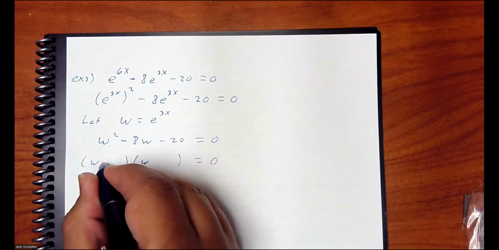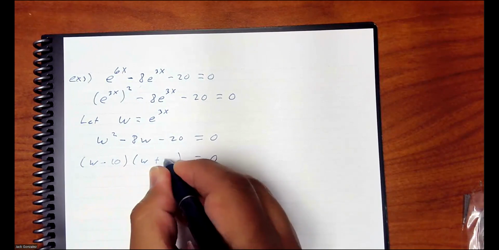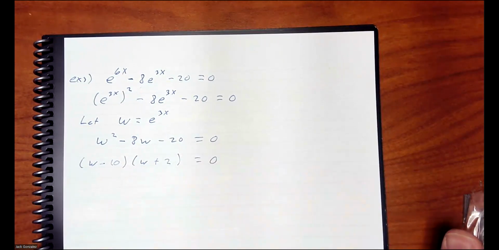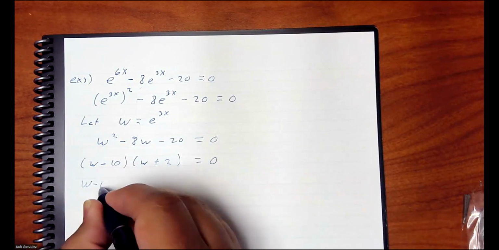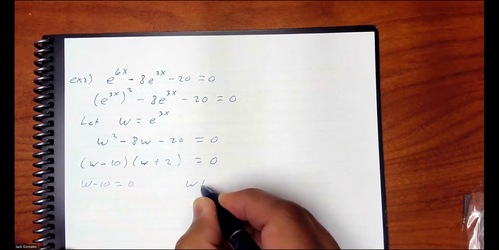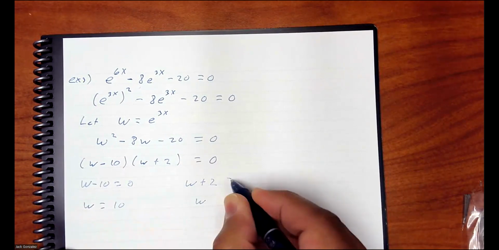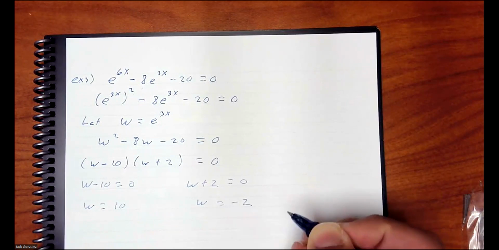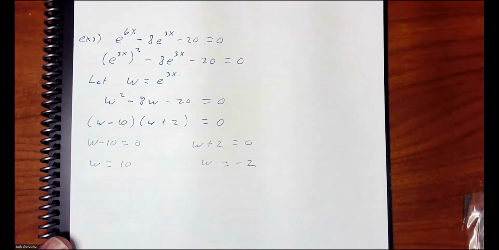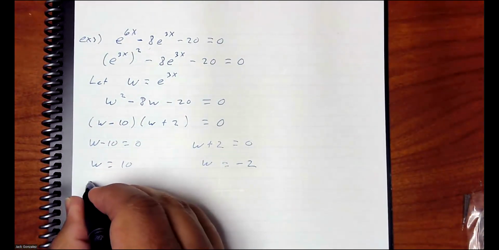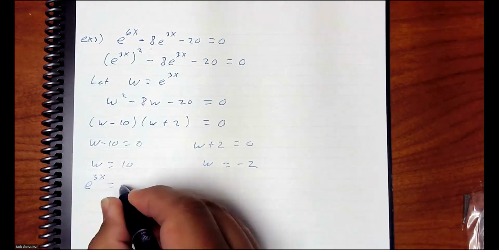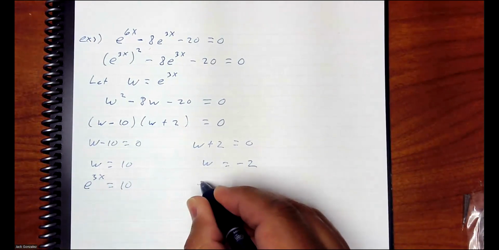Yeah, that's right. -10 and 2, multiplying gives you -20, adding gives you -8. So we're good. The next step for a quadratic says set them to 0, solve for W, but W was made up. We're actually solving for x, right?